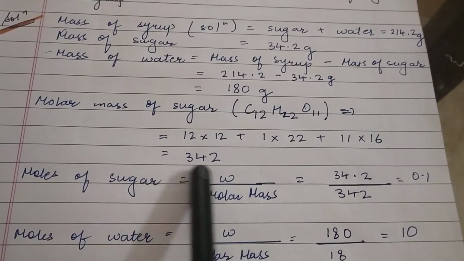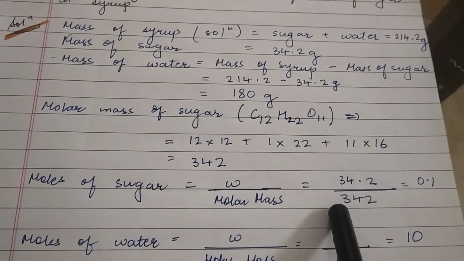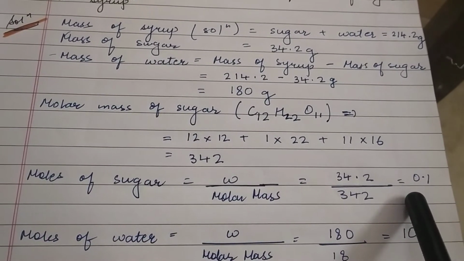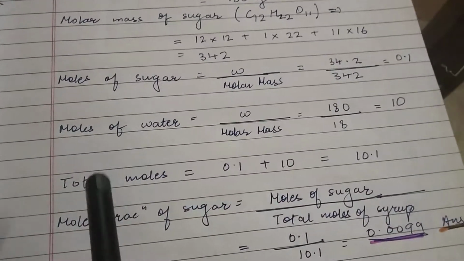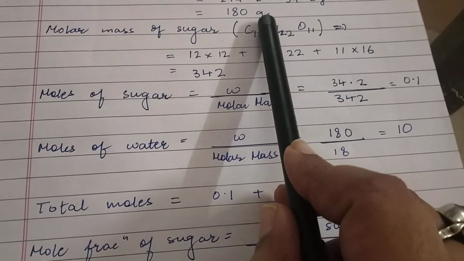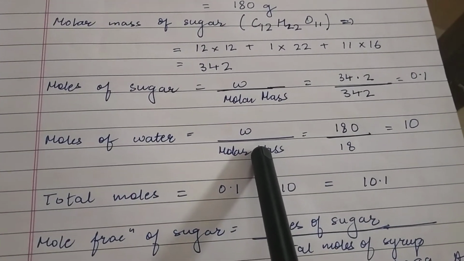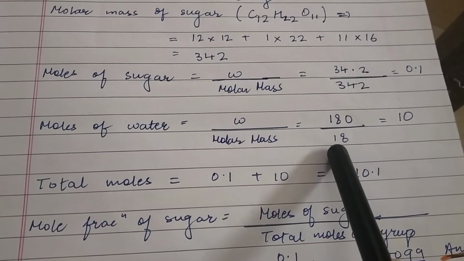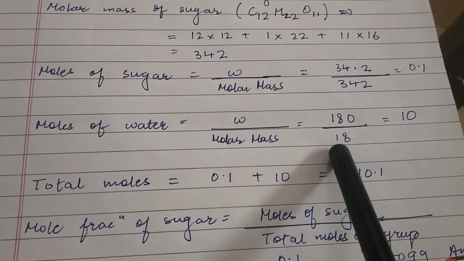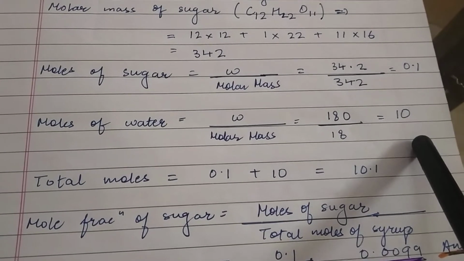Molar mass we calculated as 342, so we divide the two and we get the number of moles of sugar as 0.1. For the number of moles of water, we calculated the mass of water as 180, so we write 180 over 18, the molecular mass of water, and we get the number of moles of water as 10.